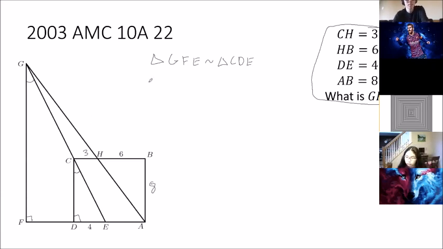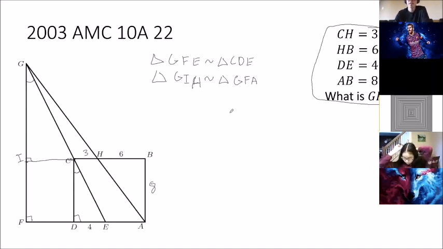And we can also find a second right triangle similarity if we extend this. If you extend this to point I, we can have triangle GIH, similar to triangle GFA.